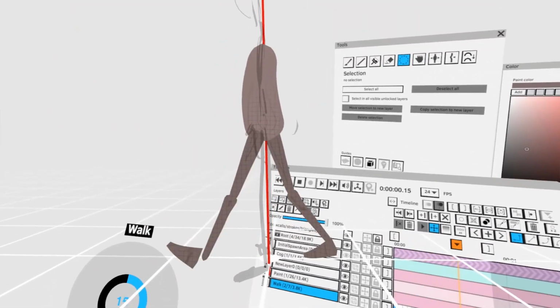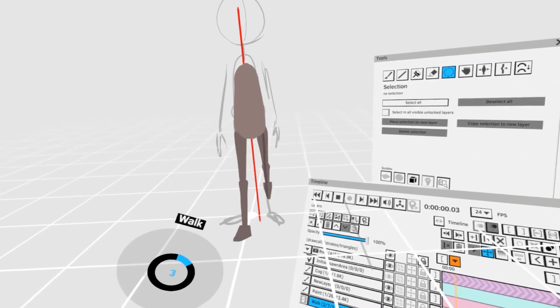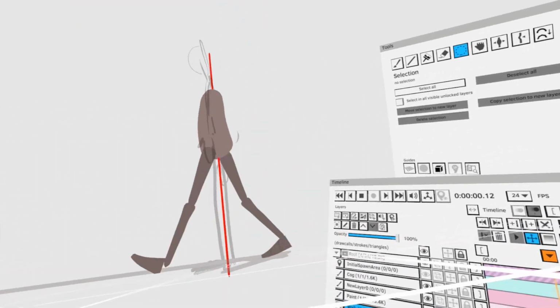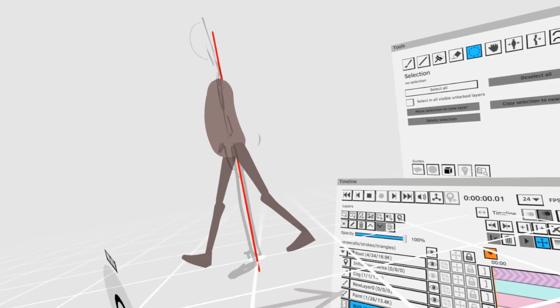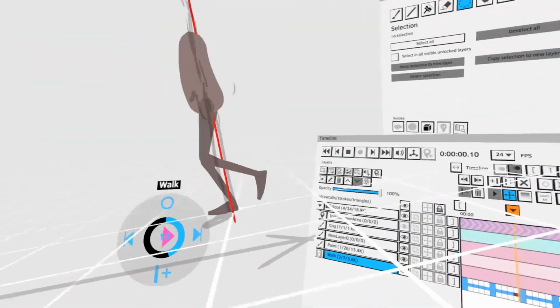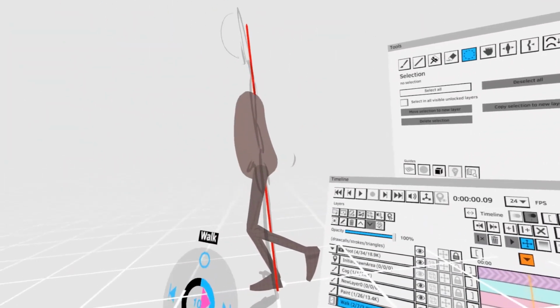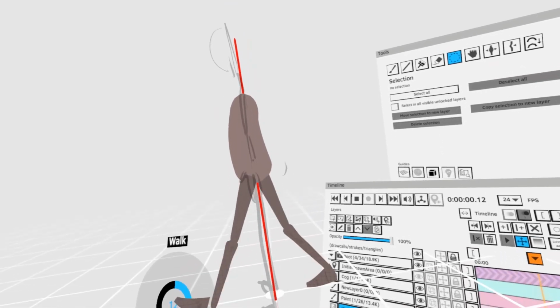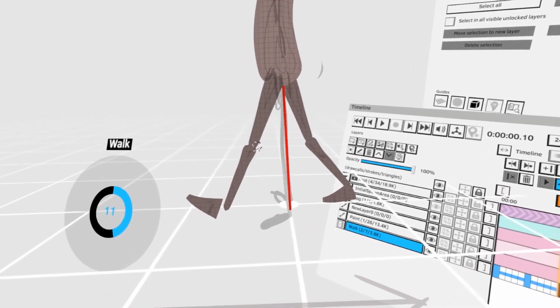Okay, that could be a nice rhythm. Slightly fast. No, actually, it's good. Let me see. I'm seeing a couple of things. Obviously, this is not right.